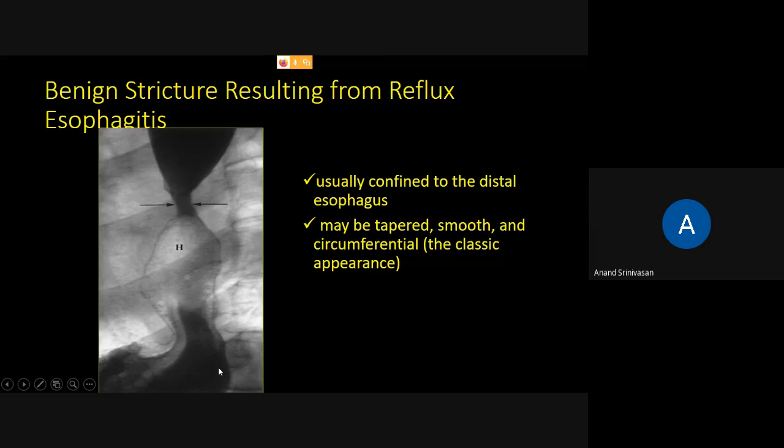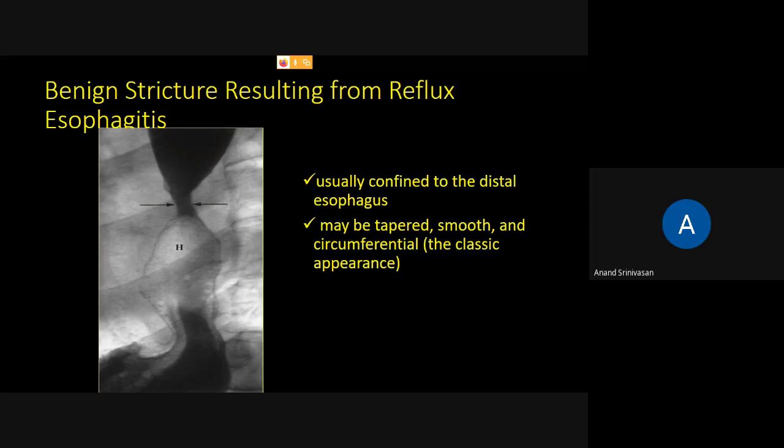Stricture means constriction. So why does this stricture occur? It could be because of reflux esophagitis. What is reflux esophagitis? The stomach contents go back into the esophagus. You know the stomach is rich in HCl, acid.